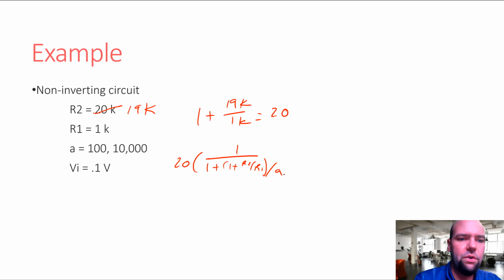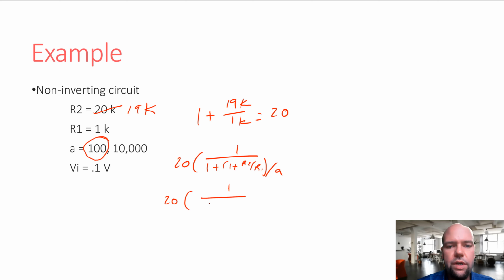Okay, so let's do the case for a little a of 100. Gotta find my trusty calculator here. It's buried in the pile. So for a gain of 100, now we're just solving for the gain in this term. So the gain is going to be 20 times 1 over 1 plus 1 plus R2 over R1, which is 19, divided by 100.